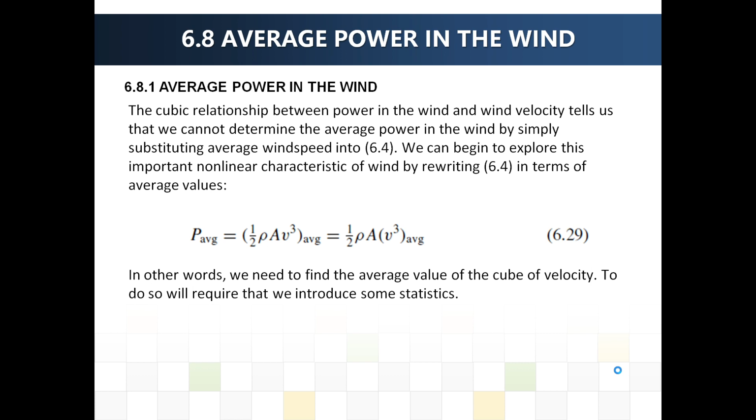Since rho is air density and A is area, those are constants. Therefore, the average power is equal to 1.5 rho A multiplied by the average of V cubed. In other words, we need to find the average value of the cube of velocity. To do so will require that we introduce some statistics.